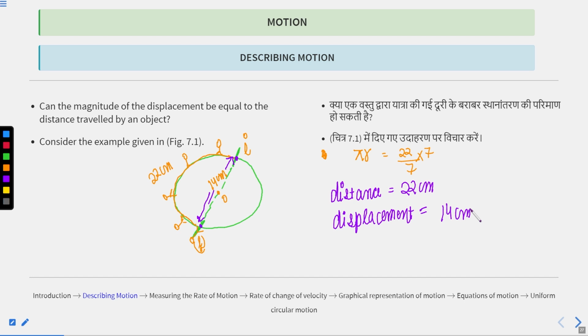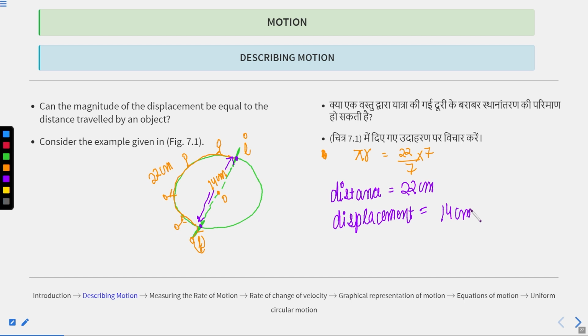Distance is the path traveled by the object. Displacement is the shortest distance, which is the distance of the straight line between initial and final position. So the displacement will be 14 centimeter and distance will be 22 centimeter. So from this example, I hope you have learned what distance and displacement are.